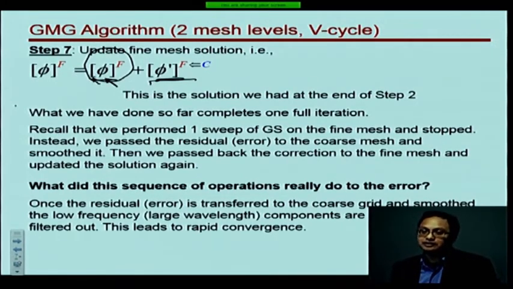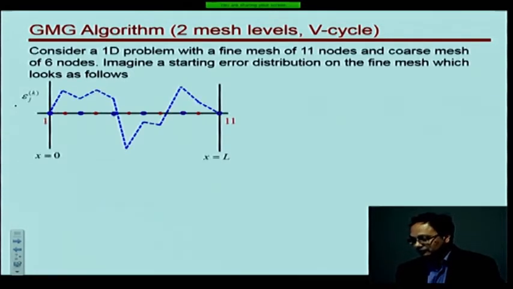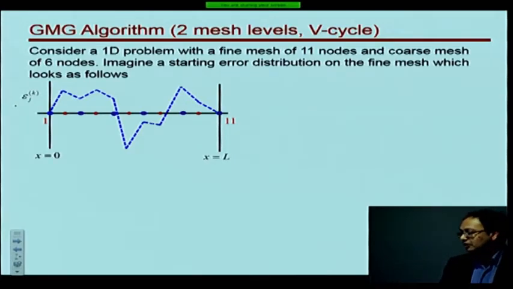Here is a schematic of what might have happened. This is not an actual calculation; I'll show you actual data in a bit. Imagine that you're solving a one-dimensional problem using an iterative method, and here's your coarse and fine mesh nodal arrangements: 11 fine mesh nodes and 6 coarse mesh nodes.